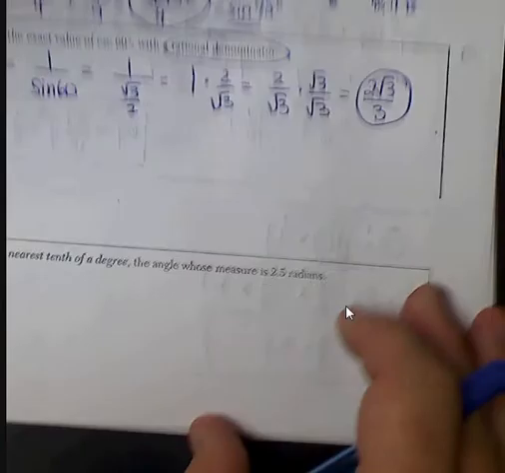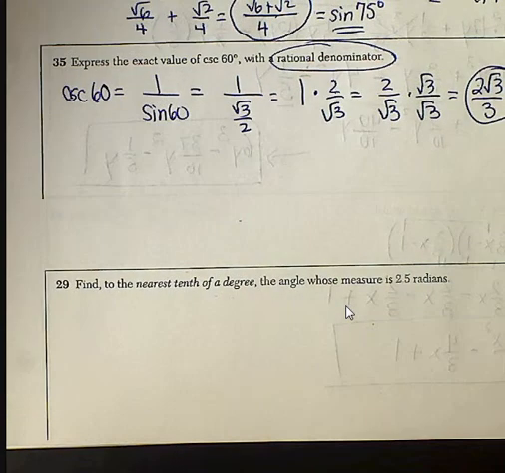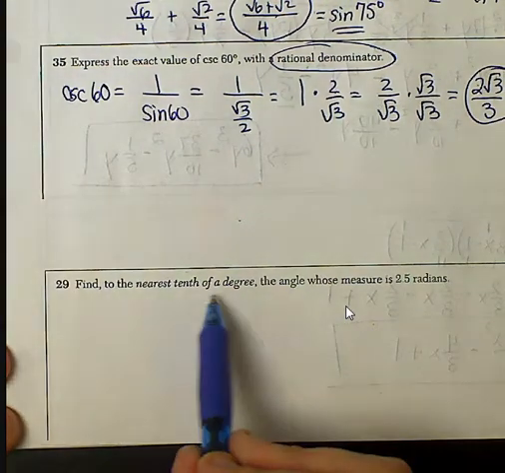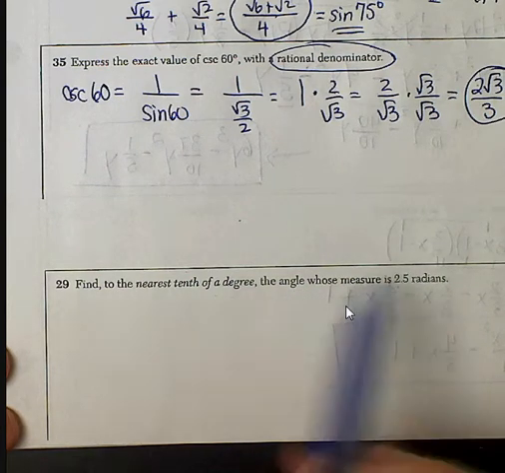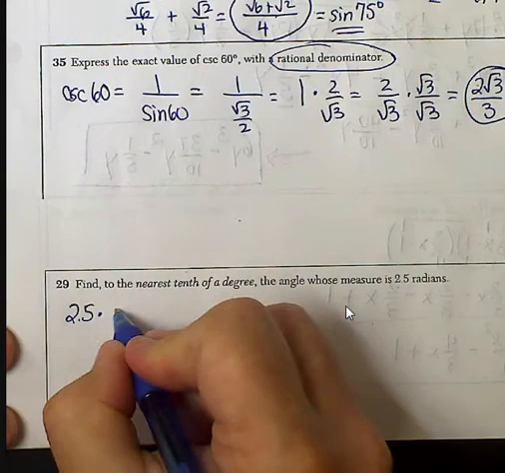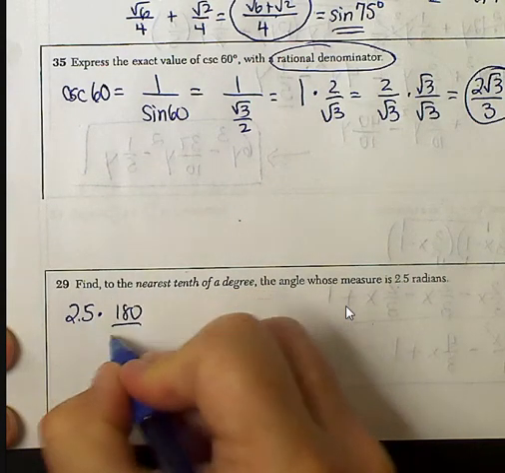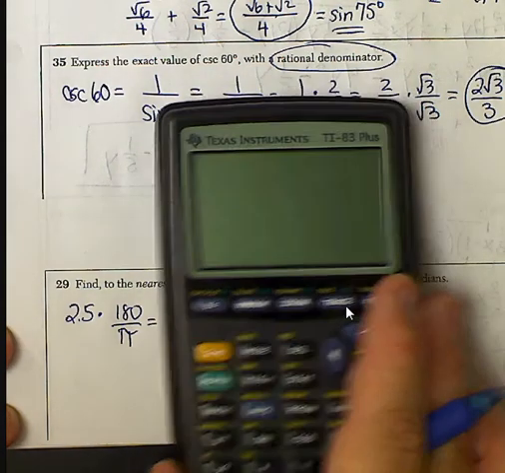Question number 29 at the bottom from worksheet 2. Now they're asking us, find to the nearest tenth of a degree the angle whose measure is 2.5 radians. So 2.5 radians, to go from radian measure to degree measure, we multiply that by 180 over pi. Again, if you wanted to, a calculator can help you here.